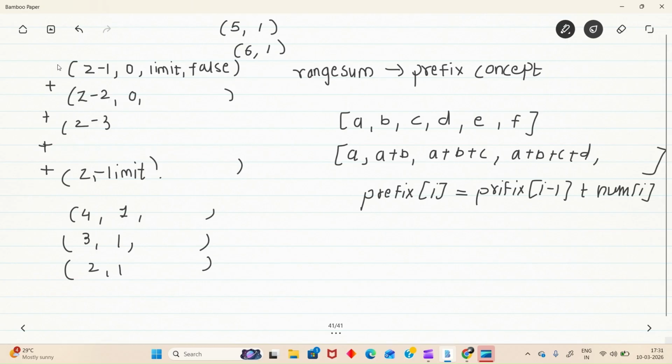What is this? This is the recursive call, the solve function. And for 6, 1, it will be 5, 1 and 4, 1. Every time we are calculating the sum. So if we calculate 5 and 1 and store it somewhere, it will be easy, because we are doing repetitive work.